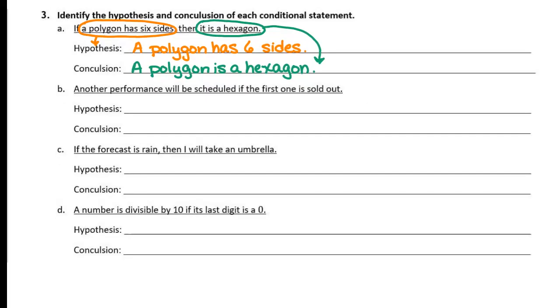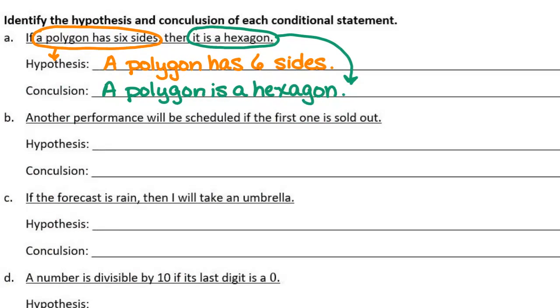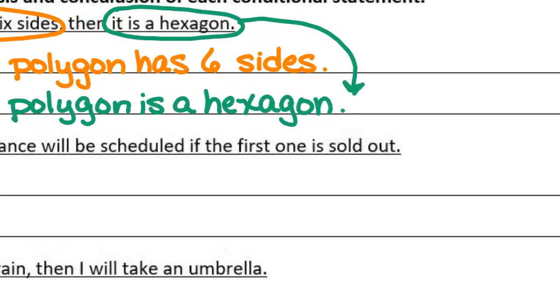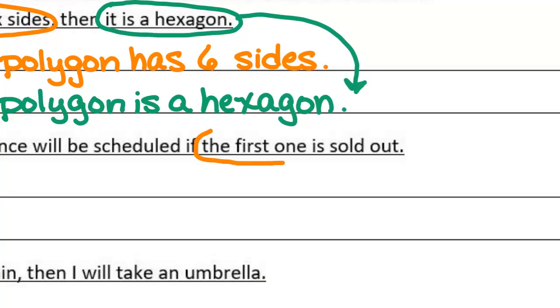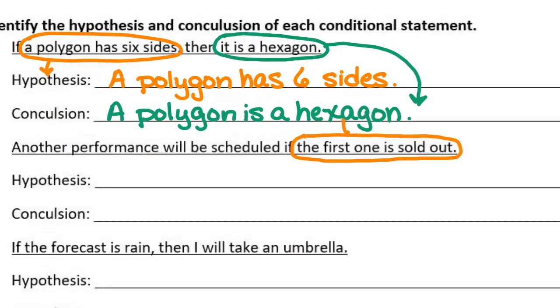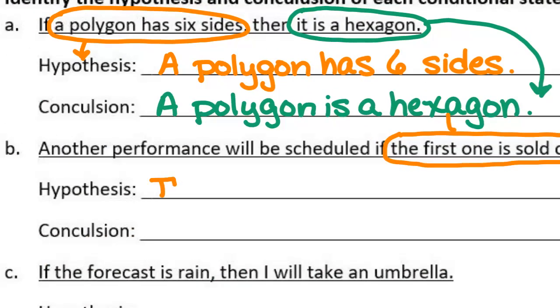All right, let's look at example B. Another performance will be scheduled if the first one is sold out. How do I find the hypothesis again? After the word if for my hypothesis. Well, what comes after the word if? The first one is sold out. The first one what? The first performance. So that's my hypothesis.